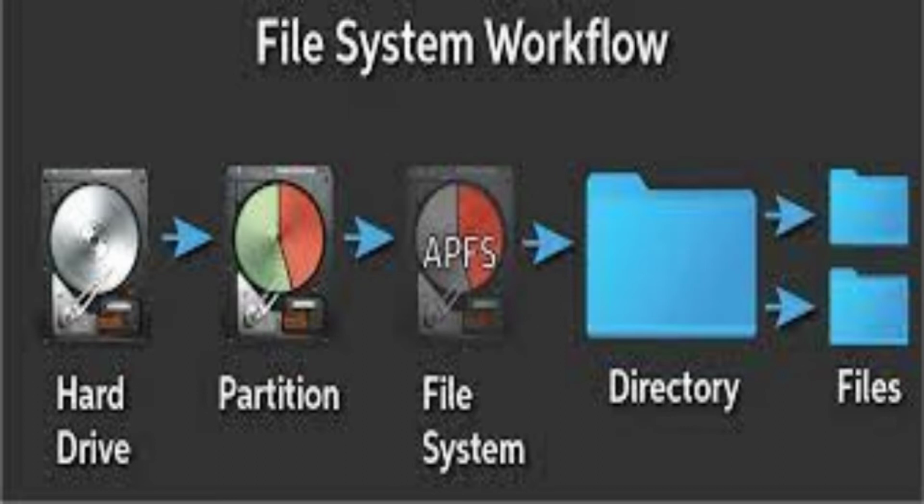Now the session is file system. What's a file system? In computing, a file system is a method and data structure that the operating system uses to control how data is stored and retrieved.